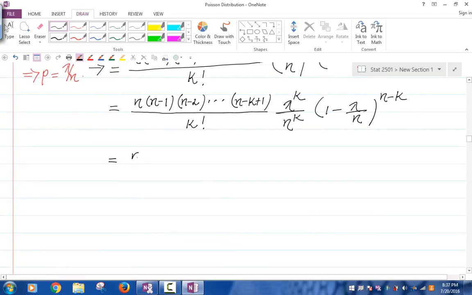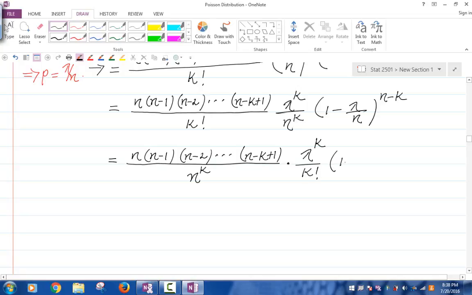I get n(n - 1)(n - 2)...(n - k + 1) divided by n^k, times λ^k over k factorial, times (1 - λ/n)^(n-k).